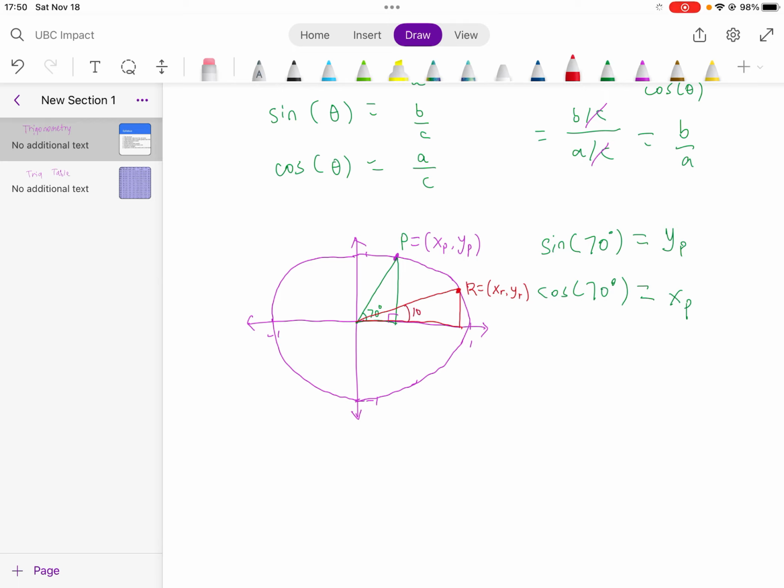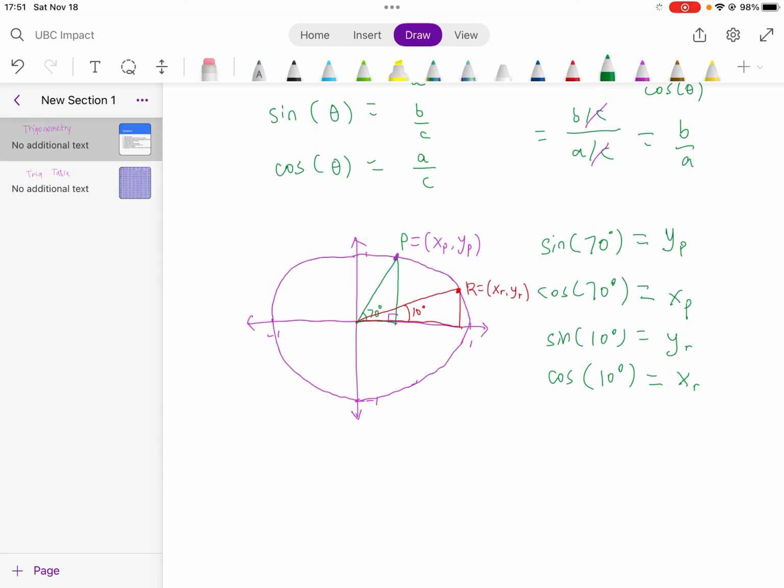This angle here is 10 degrees. Then we can figure out that sine of 10 degrees is equal to yr, and cosine of 10 degrees is equal to xr. Alrighty?